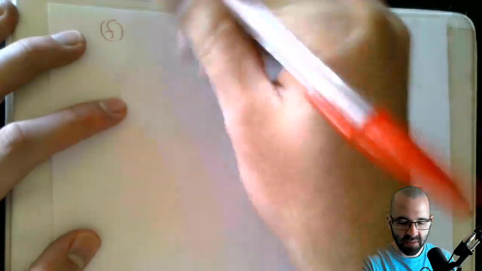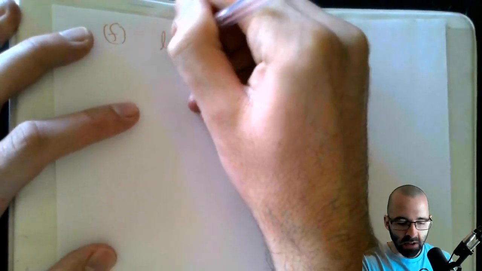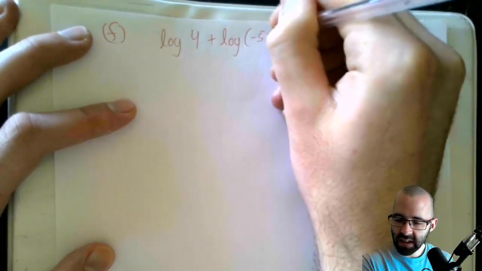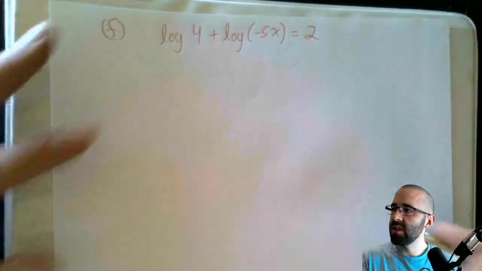Okay. Part F. F is in frantic. Frantically fighting for your life through mathematics. Okay. Common log of 4 plus the common log of negative 5x equals 2.